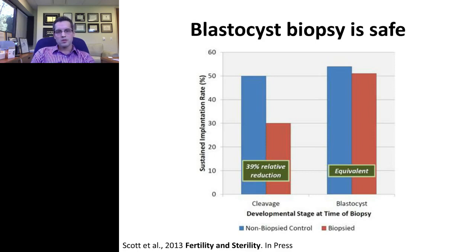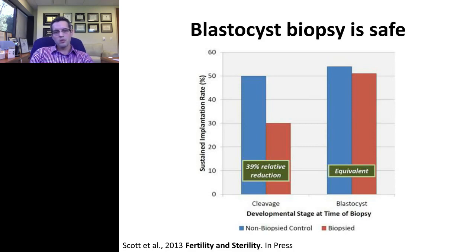As I mentioned, there's a lot of theoretical advantages. When you remove a blastomere from a cleavage stage embryo, it represents a larger percentage, about 13% of the volume of the embryo. In contrast, when you do a trophectoderm biopsy, it's probably less than 5% of the mass of the embryo.